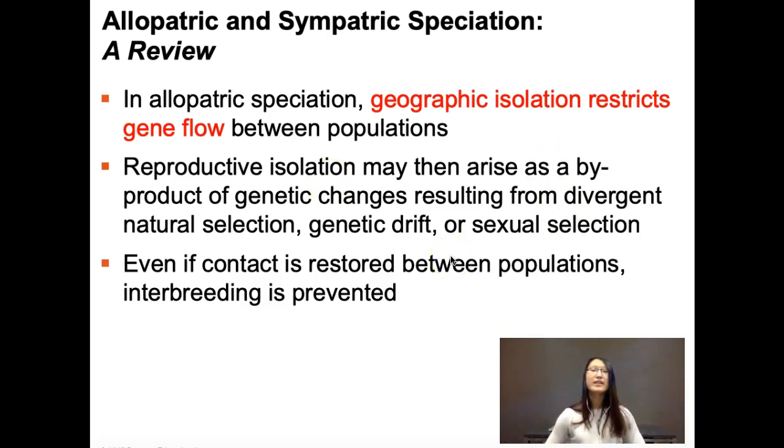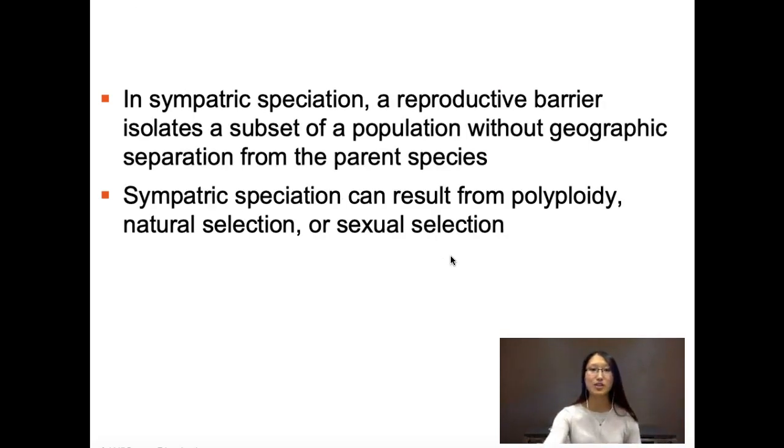And then the thing about speciation is that even if the contact between the two populations is restored, so there are no longer geographical barriers, because so many differences have accumulated, the interbreeding is still not going to happen. So at least one of those pre- and postzygotic isolation mechanisms will prevent the two species from having actual gene flow and going back to the same species.